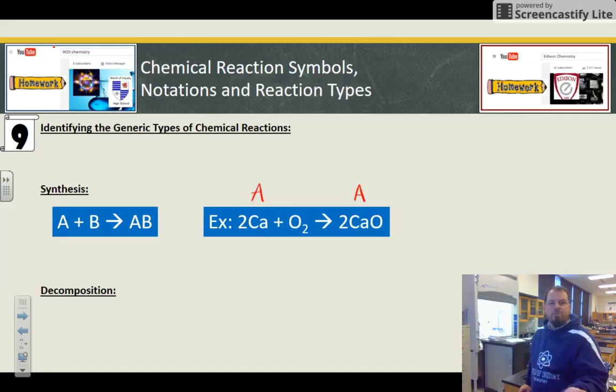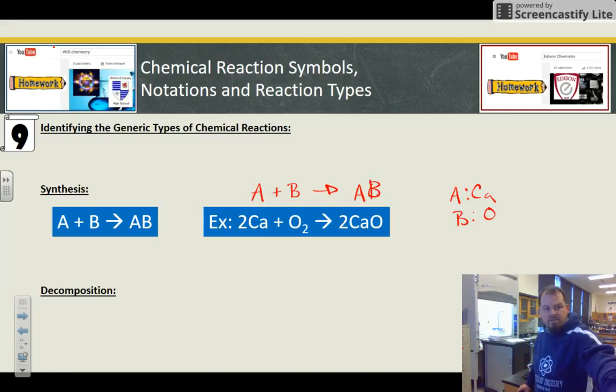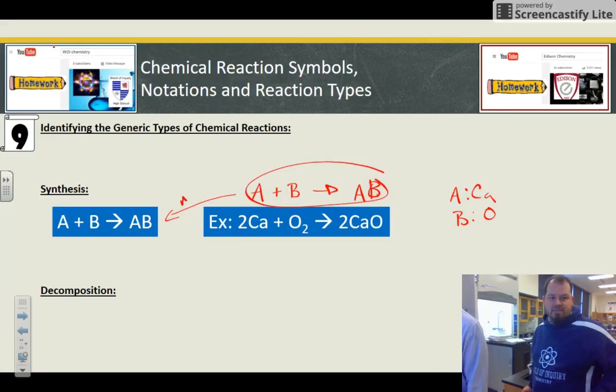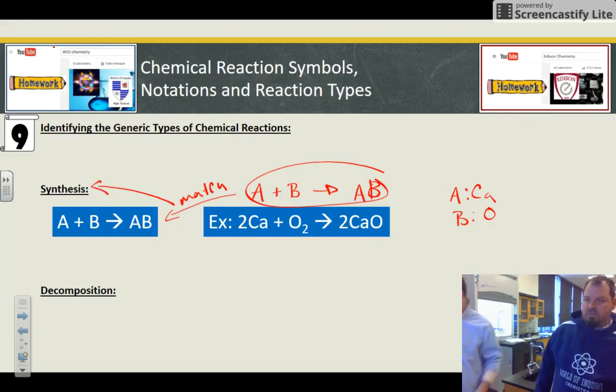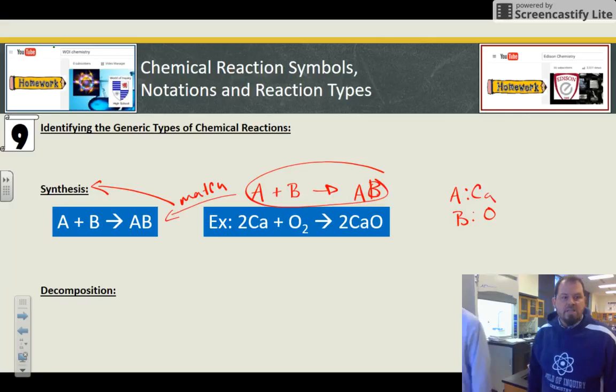And in this case, we give each species the code, right? So the first species there, we call it A, we call the second species B, and then it becomes AB. And if you notice, that becomes what we showed you as the generic. By coding, it's exactly the same thing. Okay, I got two things that come together to form one. Definition, synthesis. Yep. Cool. What else we got?